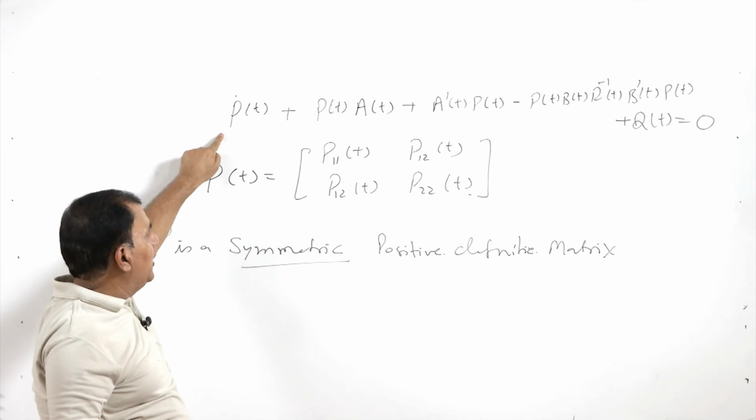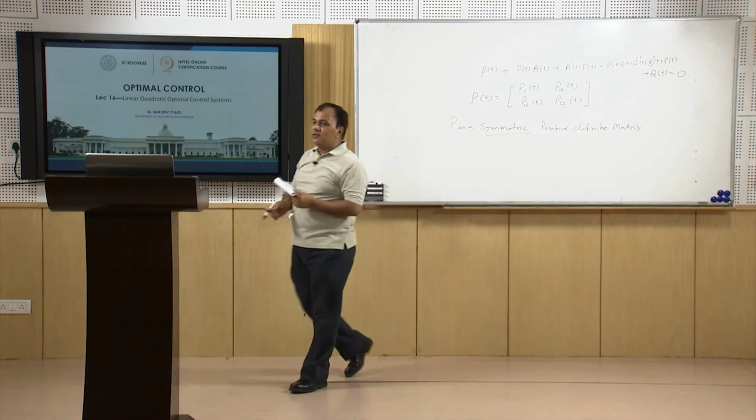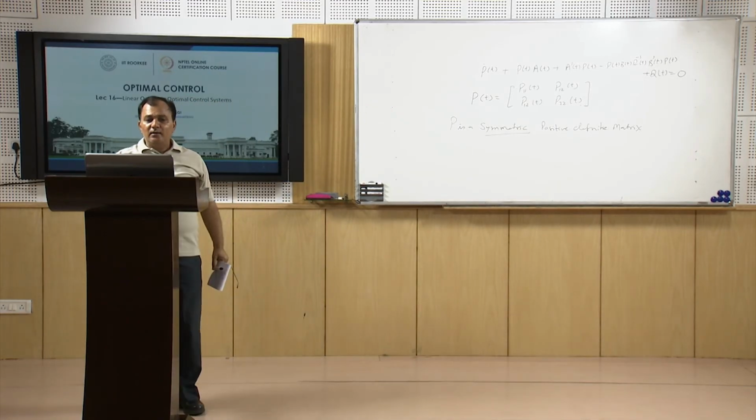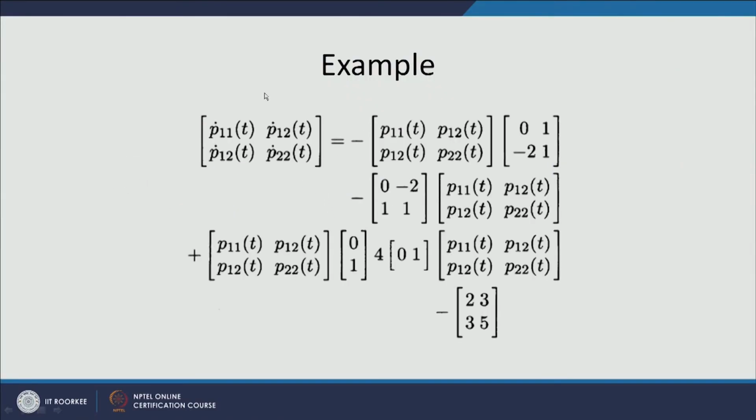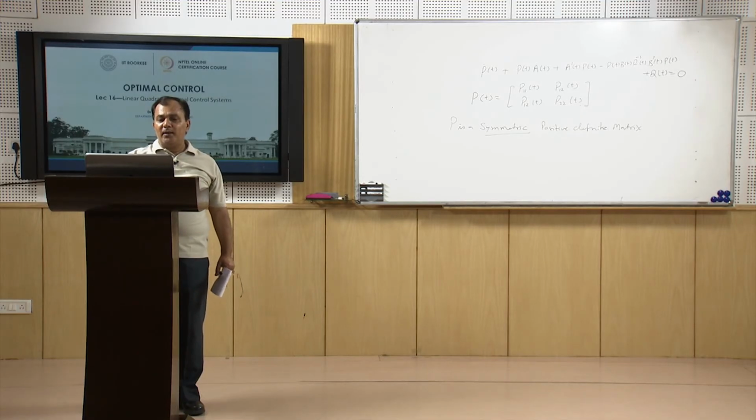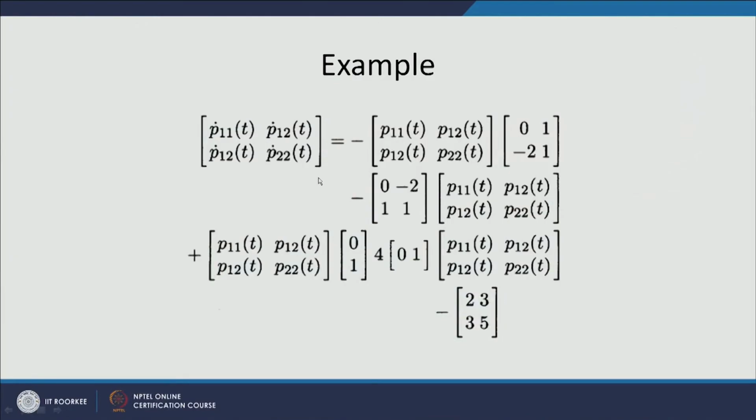So, with this value of P and the values of A, B, Q and R, I can write my equation as P11 dot, P12 dot, P12 dot, P22 dot as this whole equation. Now, because this is a symmetric matrix, in place of the 4 I will get only 3 equations.